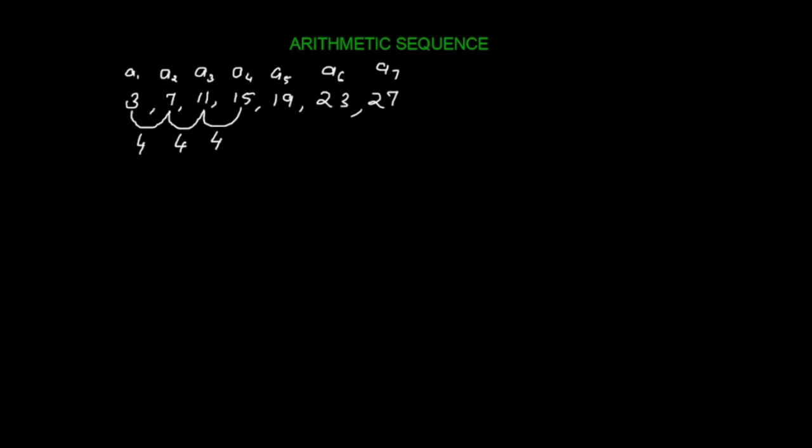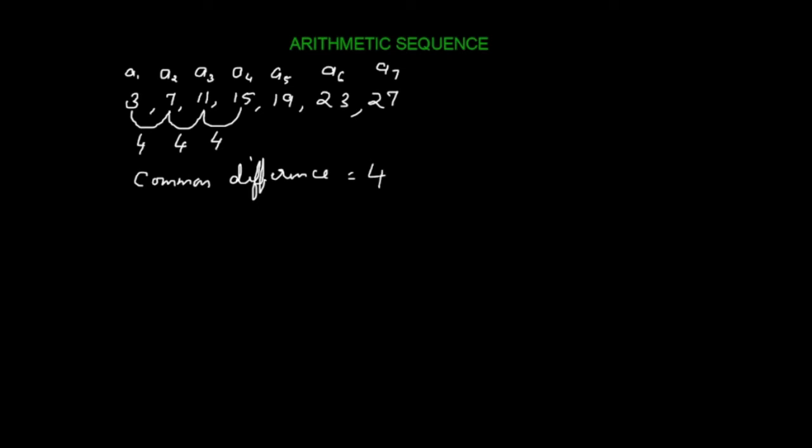A1 plus 4 is equal to A2. A2 plus 4 is equal to A3. A3 plus 4 is equal to A4. So this 4 is known as the common difference of the sequence.